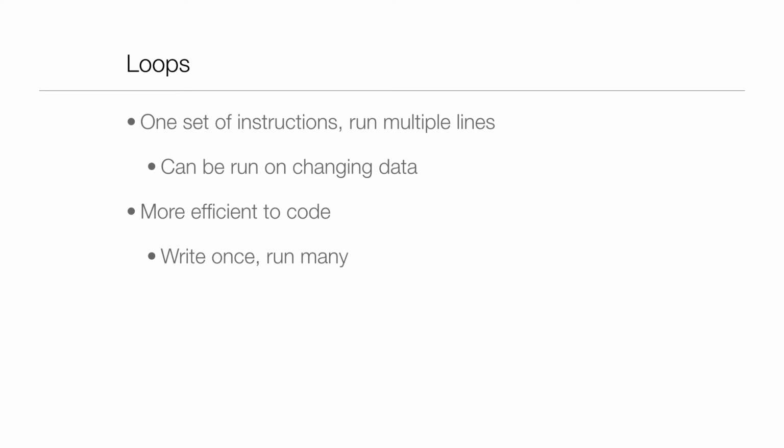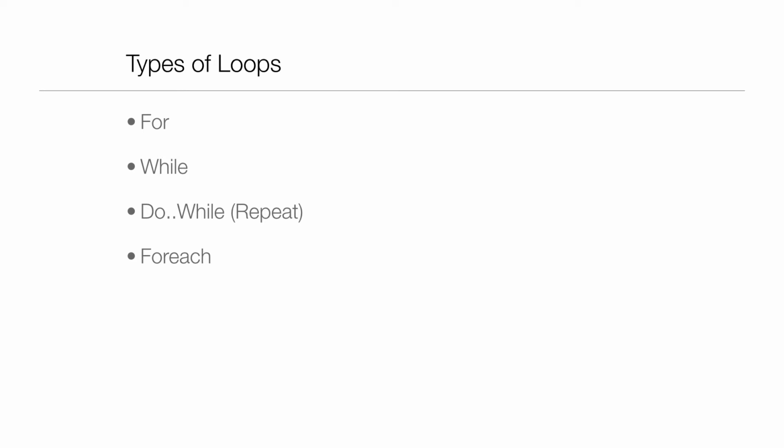So if you had a calculator, for instance, you might want it to continually loop asking for new numbers to add, and then which operator you want: add, subtract, multiply, divide, or square numbers and things like that. So you can have it just continually loop through, and you don't have to code that multiple times to get it to add as many numbers as the programmer wants. You can set it up so it's up to the user to keep entering numbers until they hit equals. And that makes it a lot more flexible.